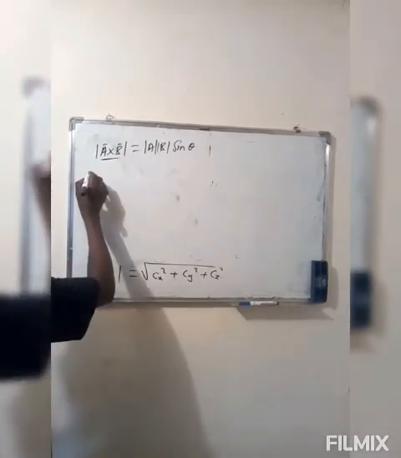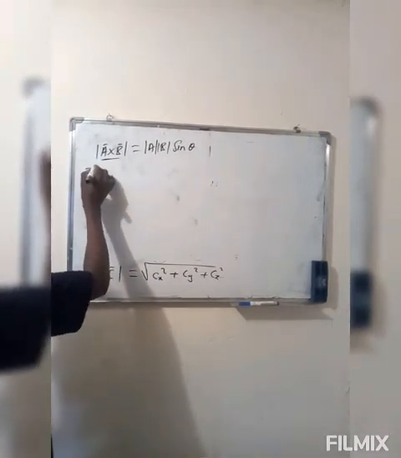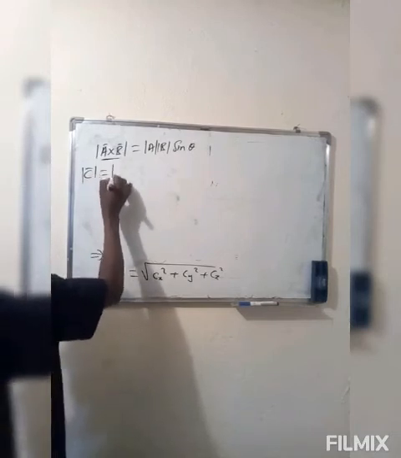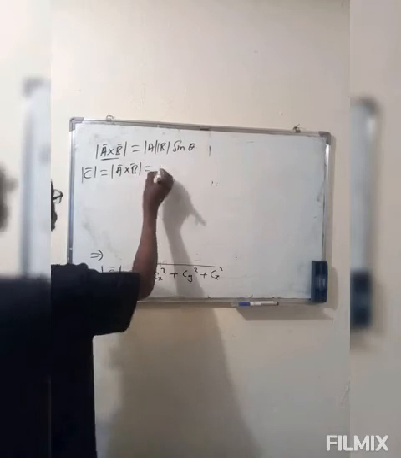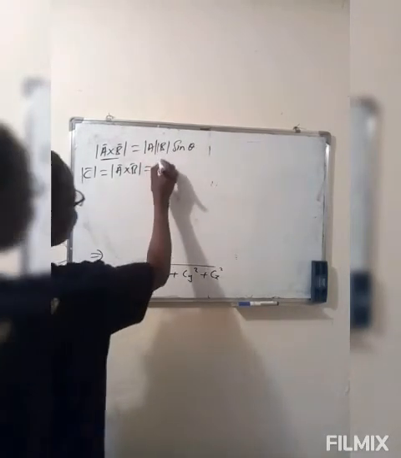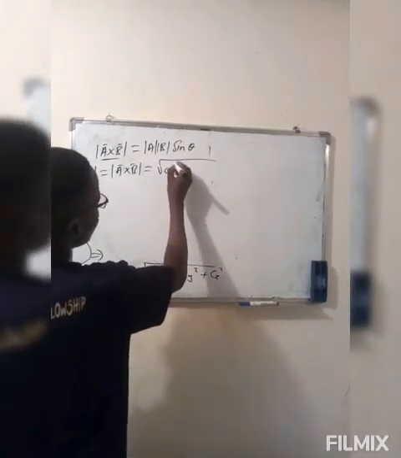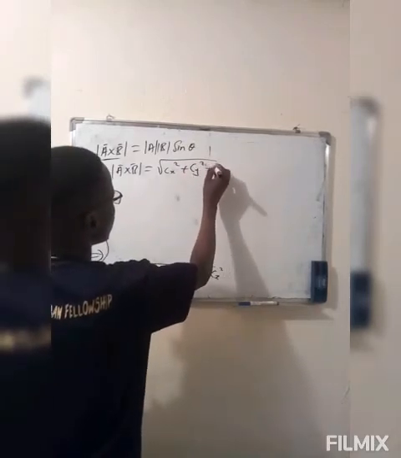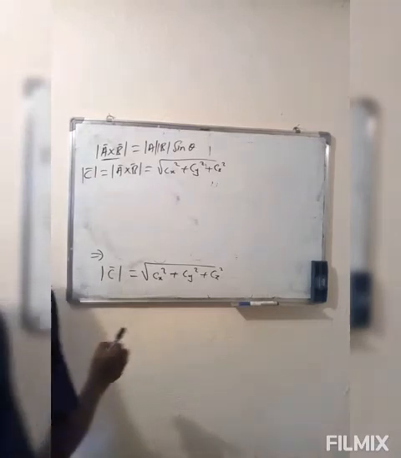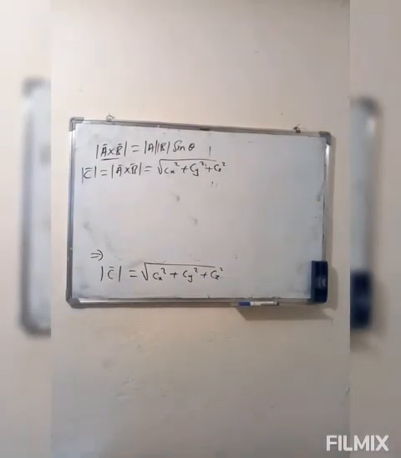So we already know that the magnitude of C, which is equal to the magnitude of A cross B, is equal to the root of Cx squared plus Cy squared plus Cz squared.